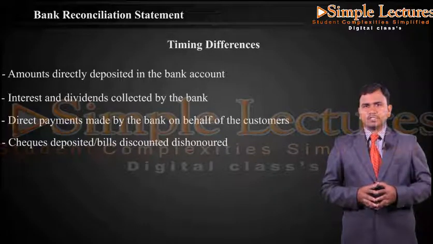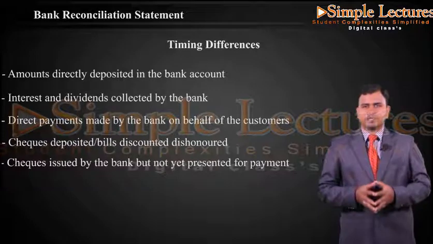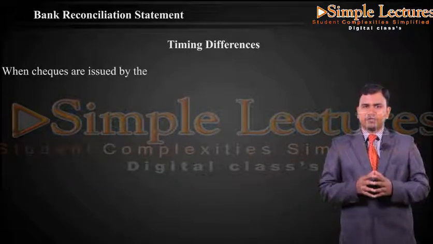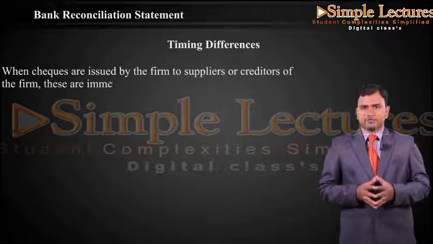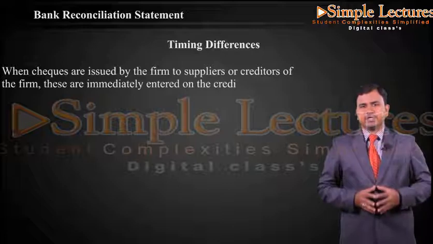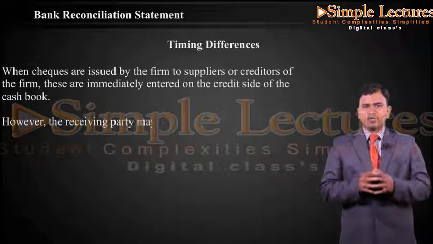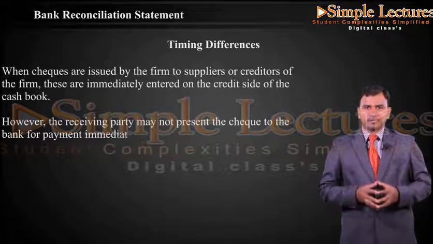Let us take one more point: checks issued by the bank but not yet presented for payment. When checks are issued by the firm to the supplier or creditor of the firm, these are immediately entered on the credit side of the cash book. However, the receiving party may not present the check to the bank for payment immediately.